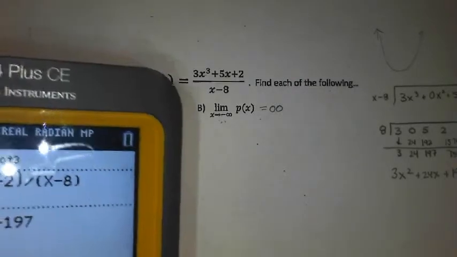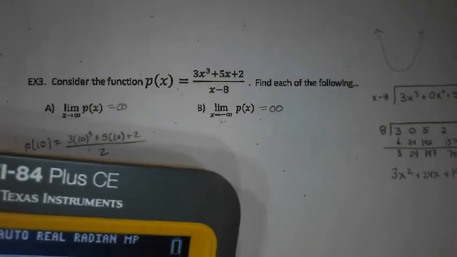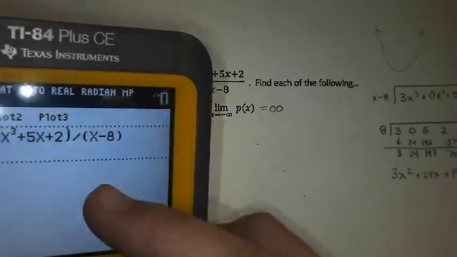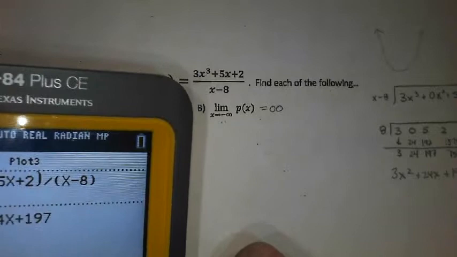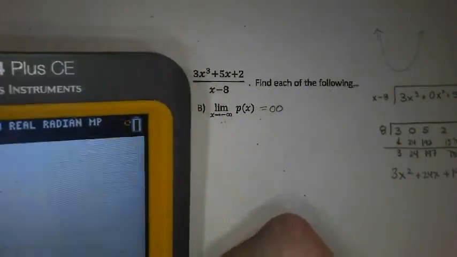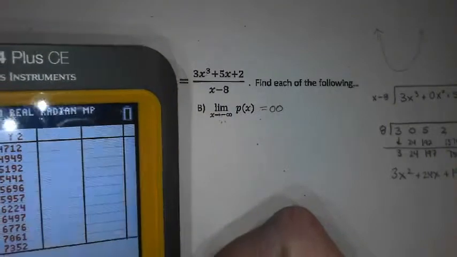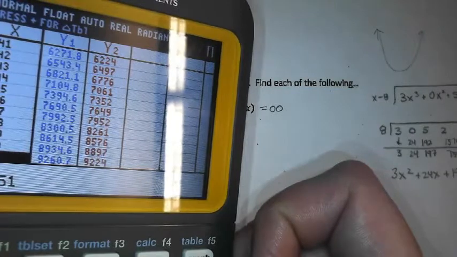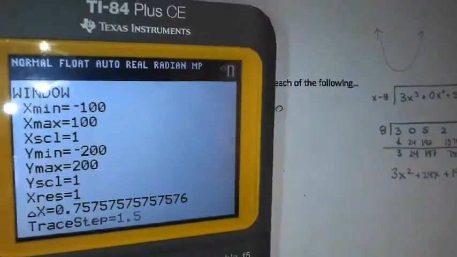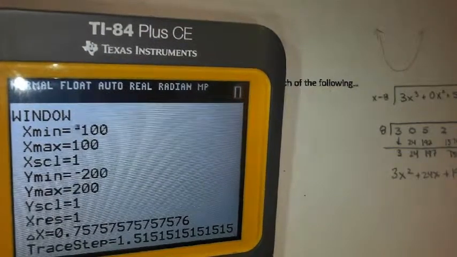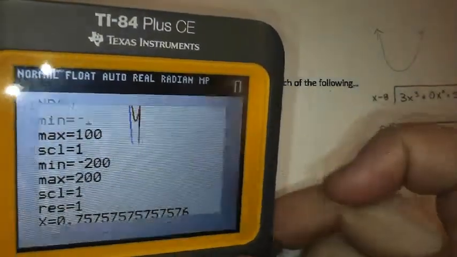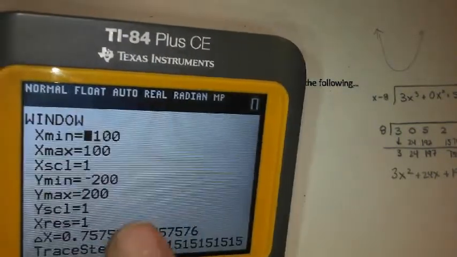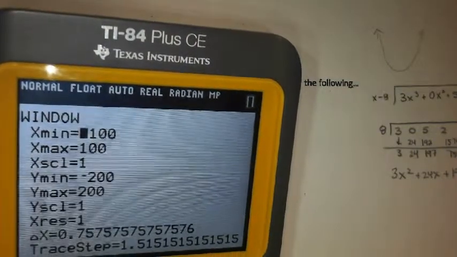As x goes towards infinity, why is my blue graph negative? Table. Maybe the table can help us. It's not. It's getting humongous. Does anybody know what's going on here? What am I doing? 0 to negative 100 to 100.